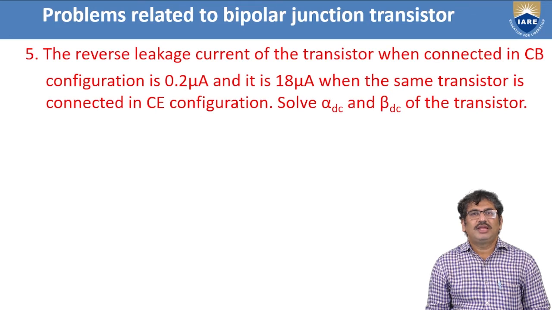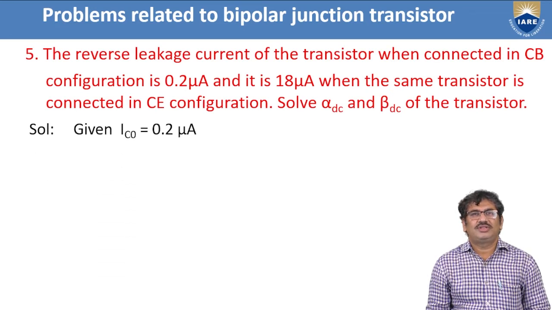In the problem, the given values are the common base reverse saturation collector current ICBO, or ICO, equivalent to 0.2 microamperes, and the reverse saturation current for common emitter configuration ICEO equivalent to 18 microamperes.